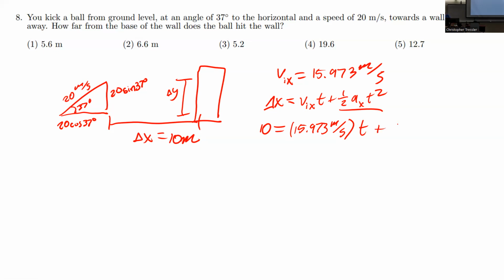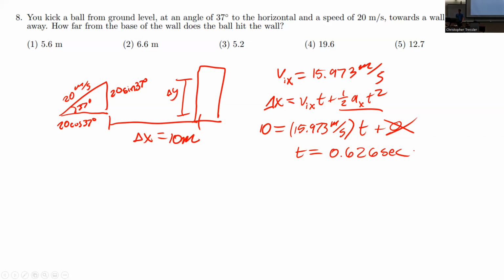So we're just going to say plus 0, and basically it's going to get canceled out. So now if we solve for time, we're just going to do 10 divided by that number. If I do that, I got 0.626 seconds. Okay, so now we have the time, and what did I say about the time, guys? What can we do when we get the time?